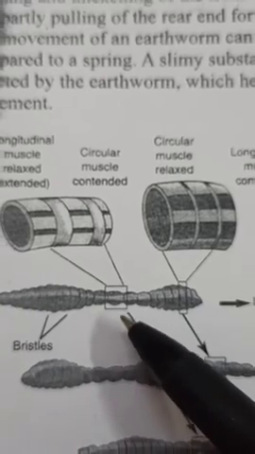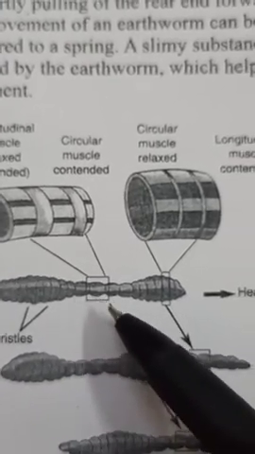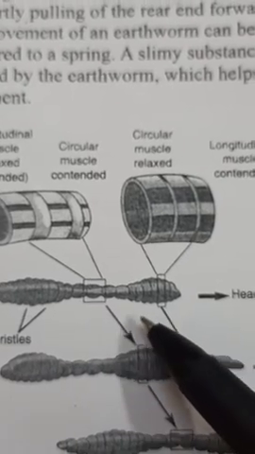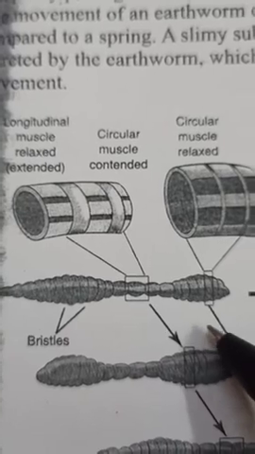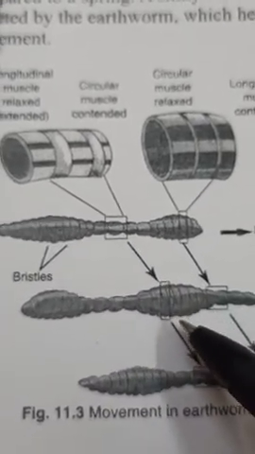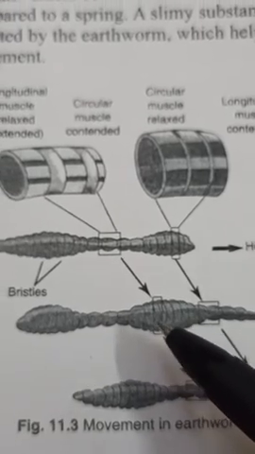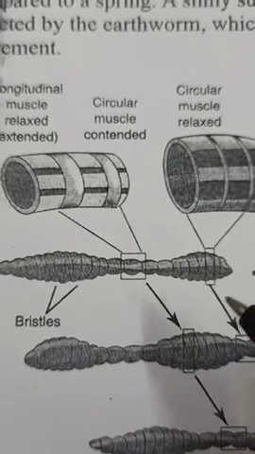When you see earthworms naturally, they are also segmented, but they are not looking like these dumbbell shaped bodies. Here they have magnified the diagram so that they can show you clearly the various parts or muscles.